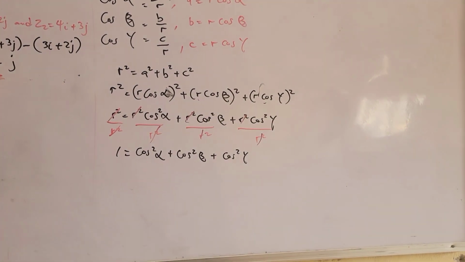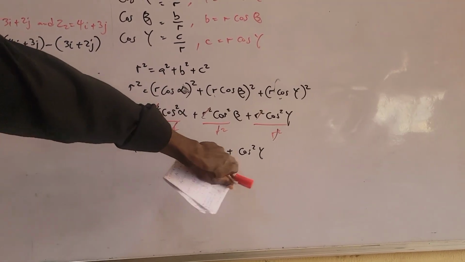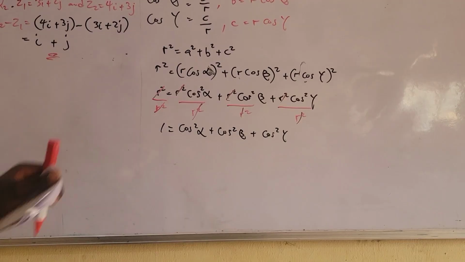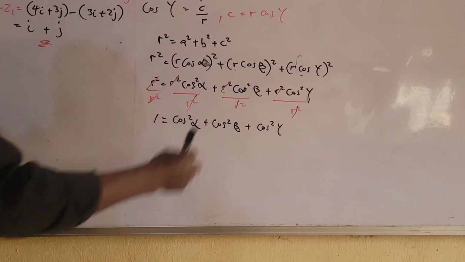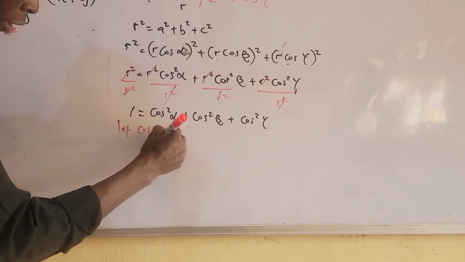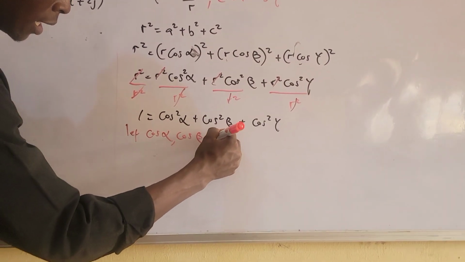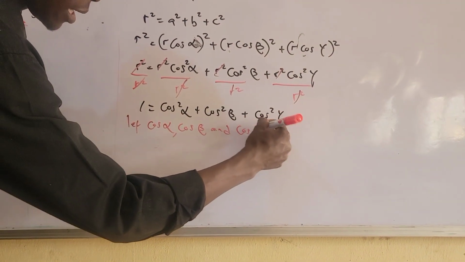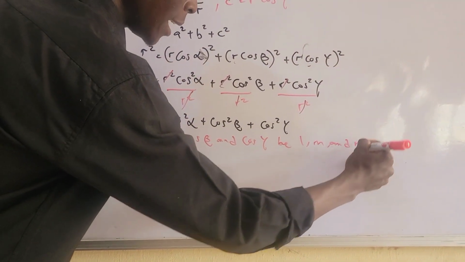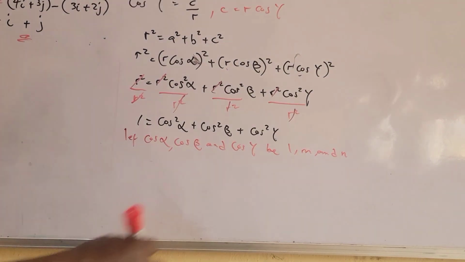Now we take cos alpha, cos beta, and cos gamma as l, m, n respectively. That's where we get our directional cosines. So let cos alpha, cos beta, and cos gamma be l, m, and n respectively.